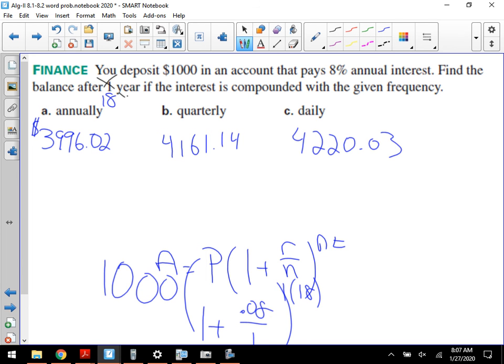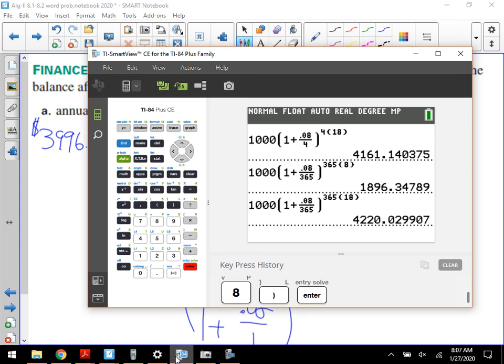So if you look at it as it goes annually, quarterly, daily, even as it gets from quarterly to daily, the difference between those two isn't all that much. Okay. So now, if I double daily, that would be what? 730? 365 doubled is 730, I think. Does that sound right? Sure. Watch what happens. That means it's compounding every 12 hours.